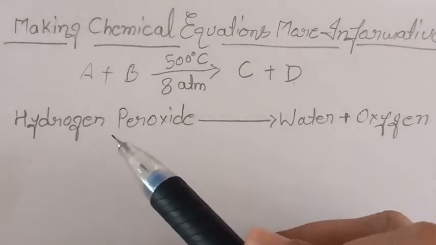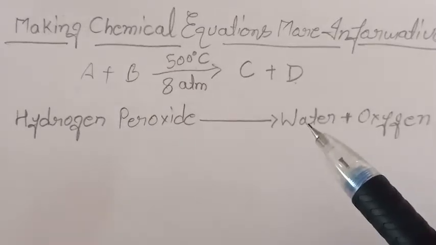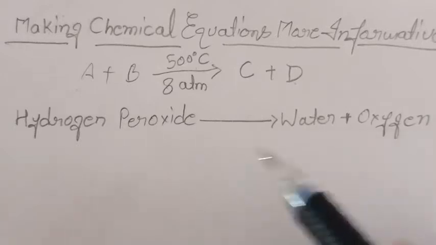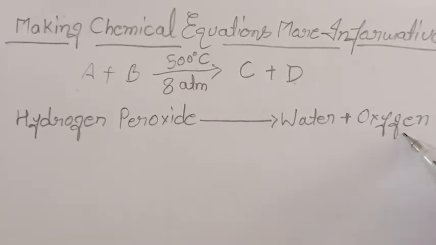When we provide heat to hydrogen peroxide, it converts into water and oxygen. But this is a very slow reaction. Hydrogen peroxide slowly gets converted into water and oxygen if left alone.